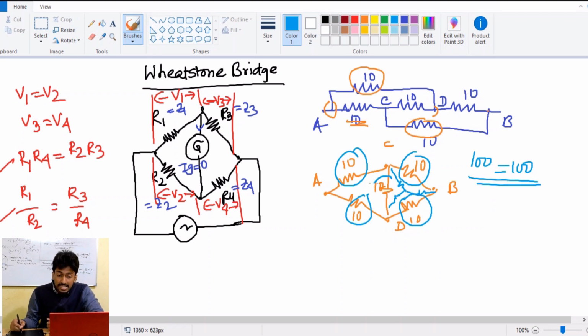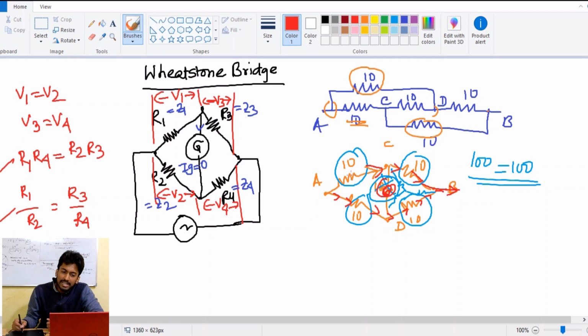This resistance will not carry any current. The current will flow through this part and go out from here, and the second part of the current will go towards this and go out from here. There is nothing in this position.